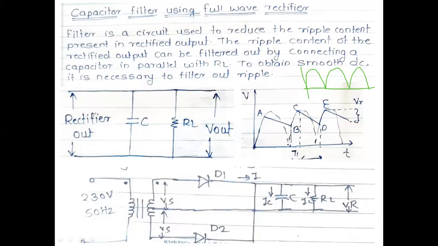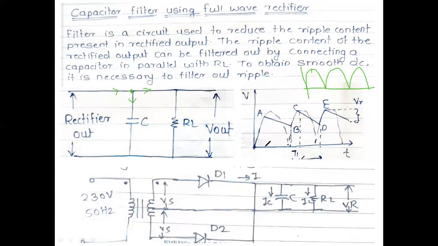Here, the rectifier output we have considered, the DC current will come here. Once the current reaches this point, some current will flow here. From 0 to 90 degrees, some current is flowing through the load resistance.